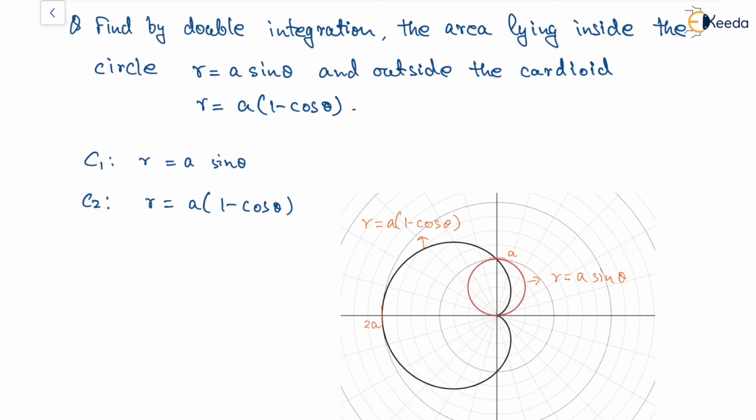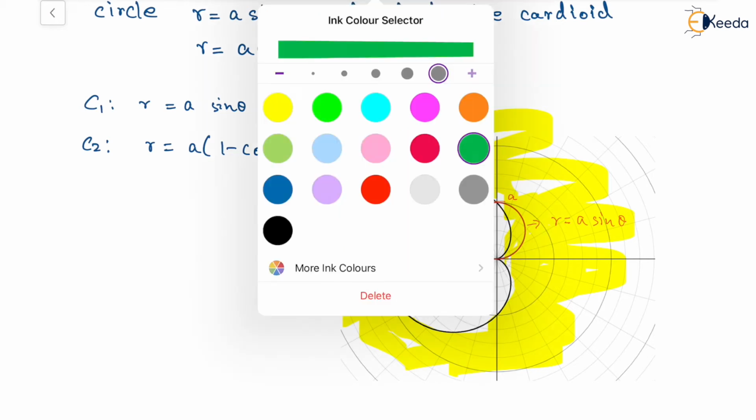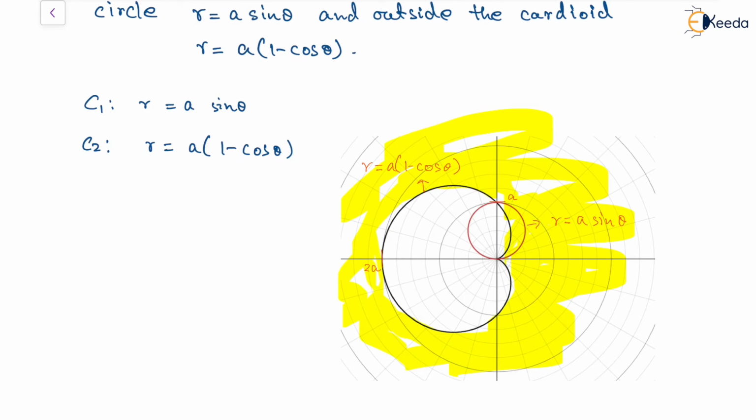So outside the cardioid, of course, this is the inside part of the cardioid. So outside this, all this area comes into the outside. Whereas they're also looking for inside the circle. So inside the circle is going to be something like this.